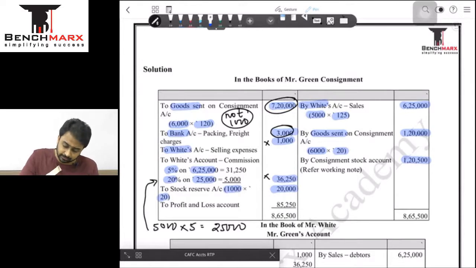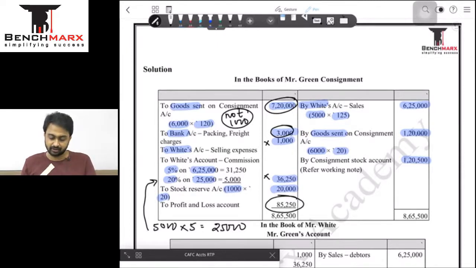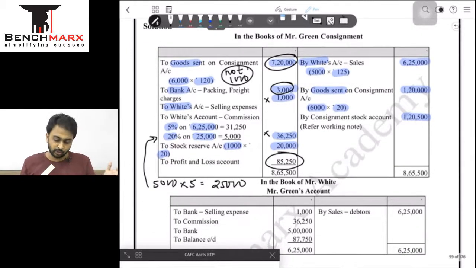We have not taken 1,000 ka proportionate value because this is a selling expense. I only take those expenses in my stock valuation up to the point where the goods reach the consignee's godown, and then after adding, less, and balancing the account, we will get the profit as 85,250, which is going to be transferred to the consignor's profit and loss account.